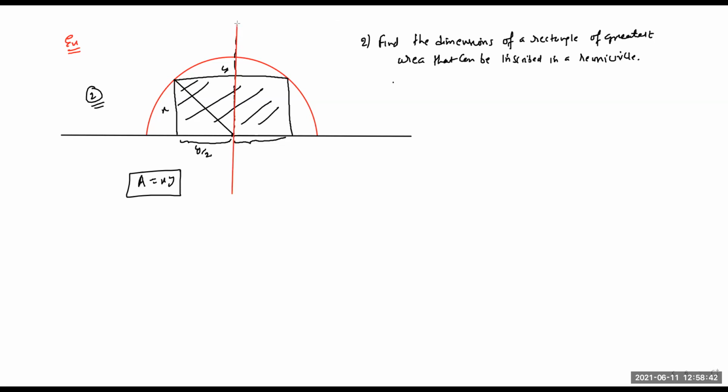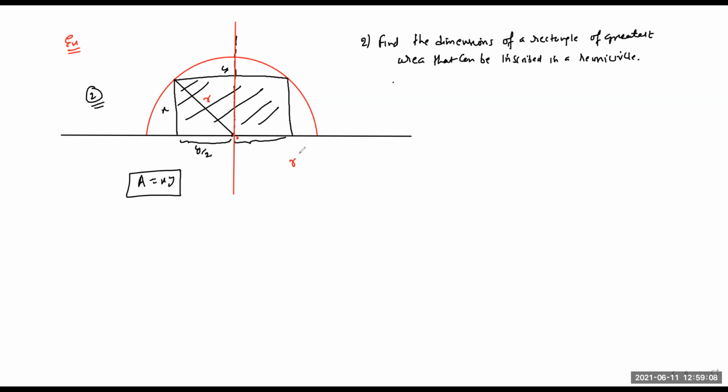So if the center of the circle is taken as the origin, the half of the rectangle is on the left and half is on the right, so it will be y by 2. But the radius is always from the center to the periphery. This is r. So we have a very beautiful relation in terms of x, y, and r.